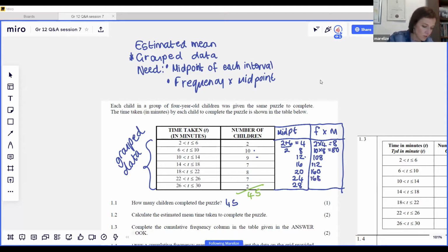And then 2 times 28 is 30. Okay, are you with me so far, everybody? Stop me if at any point, this is not really that difficult, you just have to know the steps. Find the midpoint, multiply each frequency by the midpoint of each class interval, and now we are going to sum the frequency times the midpoint.